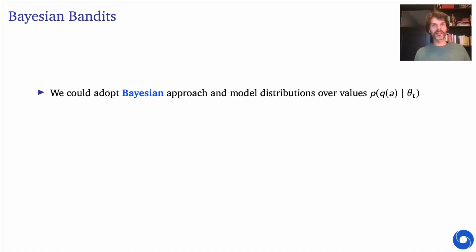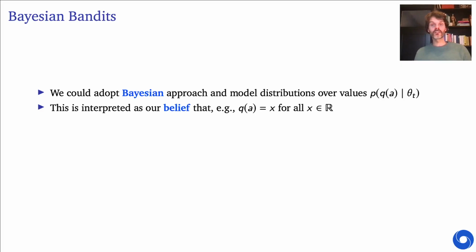So note the probability here is not on the reward given action A, no, it's over the expected reward or the value of action A, which under a Bayesian approach you consider to be a random quantity, not because it's random every time you query it, but because you have uncertainty about what its true value is. And then theta, slightly overloading notation here, but here using theta now as the parameters of the distribution.